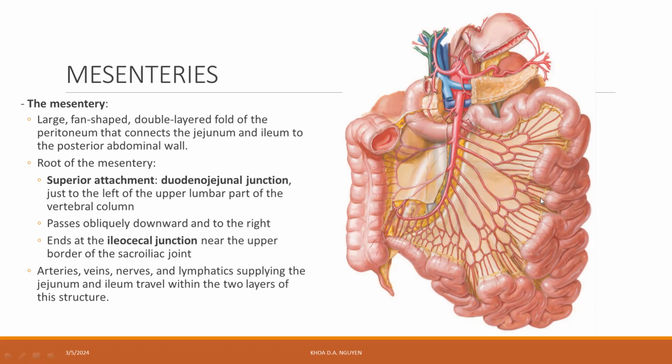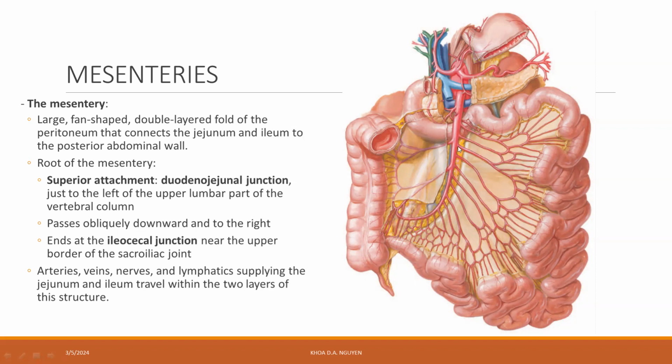And it makes sense too, right? Because if you think about it, the aorta is a retroperitoneal structure, and so is the IVC, and so is the portal vein. Okay, and therefore, if you want to have branches from a structure that is retroperitoneal in order to get to a structure that is intraperitoneal, how would you do it?